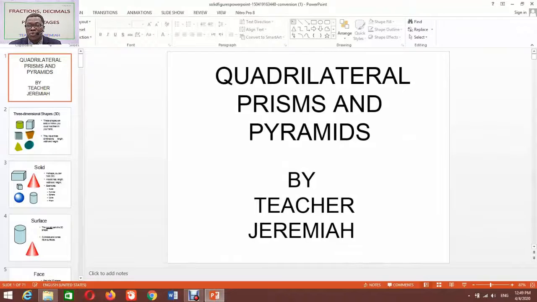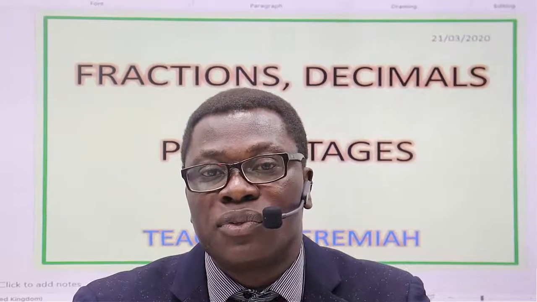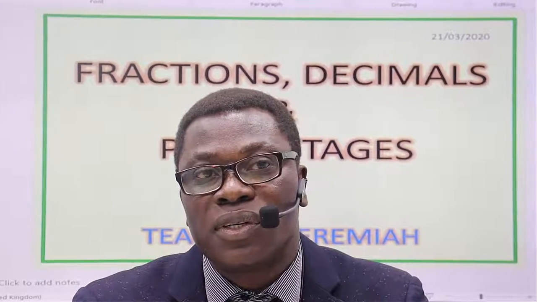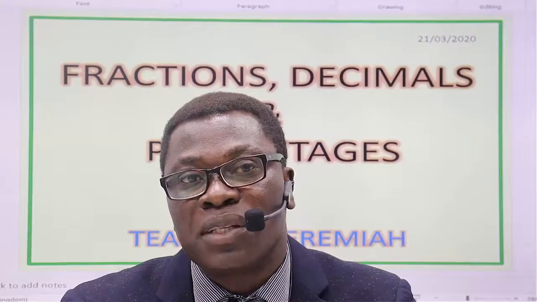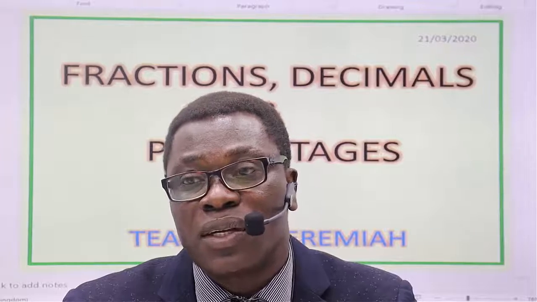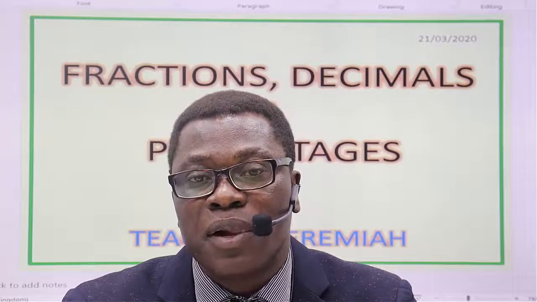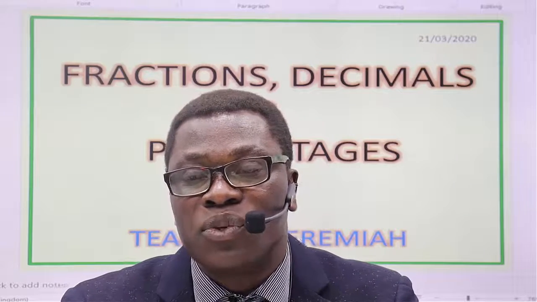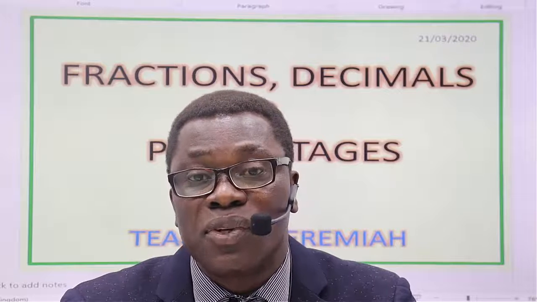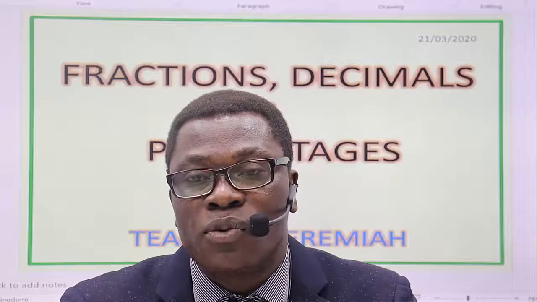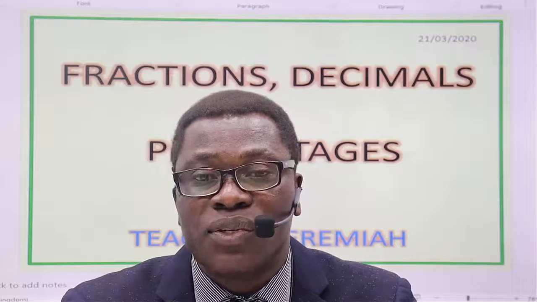Our new lesson this afternoon is quadrilateral prisms and pyramids. And we first of all begin with three-dimensional shapes, which we call 3D. Now on this screen you could see that these shapes are solid or hollow.